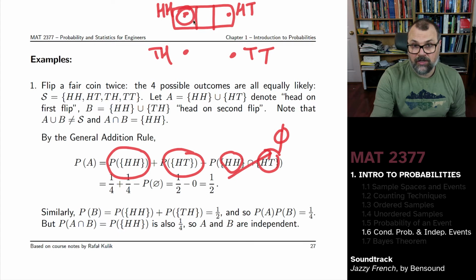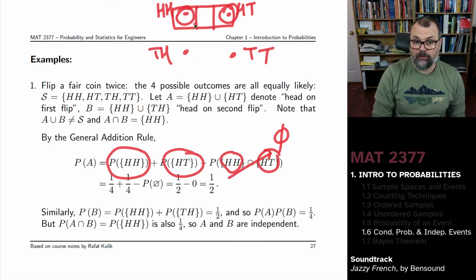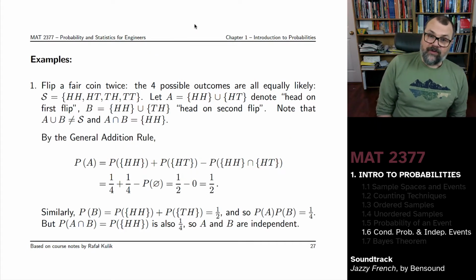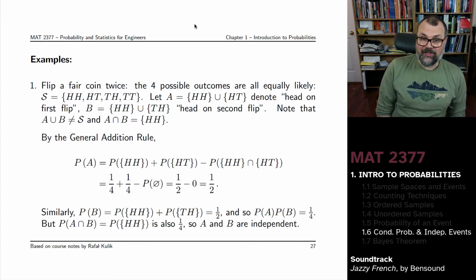We have HH and HT. Their intersection is empty. These two sets do not overlap. So the full probability of event A would be 1/2. You could have viewed it differently as well, just saying A consists of 2 of the potential 4 outcomes, and that probability is 50%, 1/2.